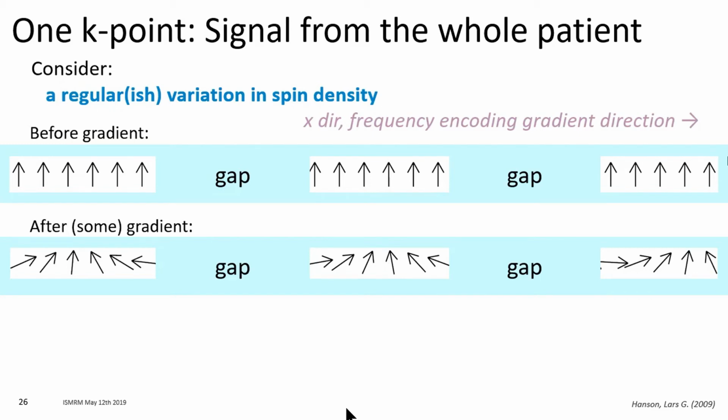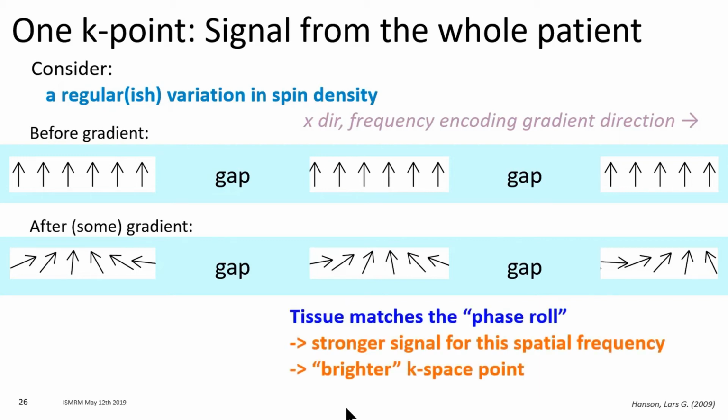If the tissue matches the phase roll quite well, then we get a higher value for this k-space point, a stronger signal for this spatial frequency. And all the spatial frequencies, all the different k-space points, are similarity measures of what we have in the scanner.